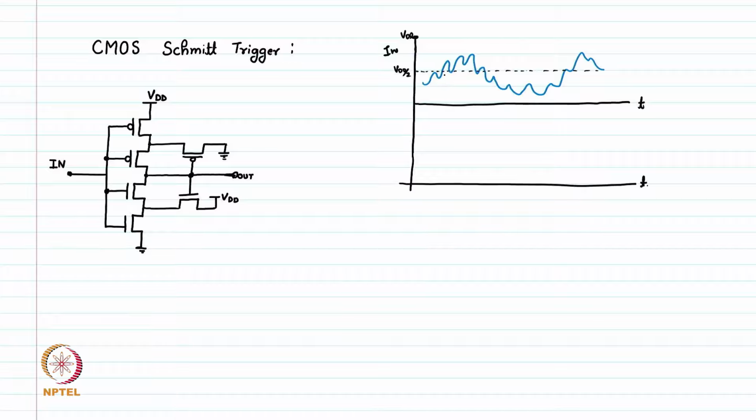If we see the signal, this is actually the signal superimposed with noise. However, the actual signal is just going up and going down. The original signal does not have noise, but because of the environment we have this noisy signal. If we look at this point carefully, before this point my inverter is going to detect it as a 0.